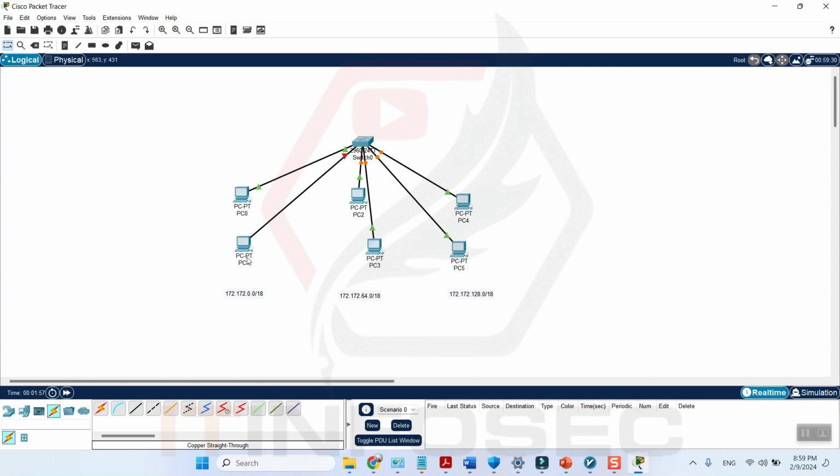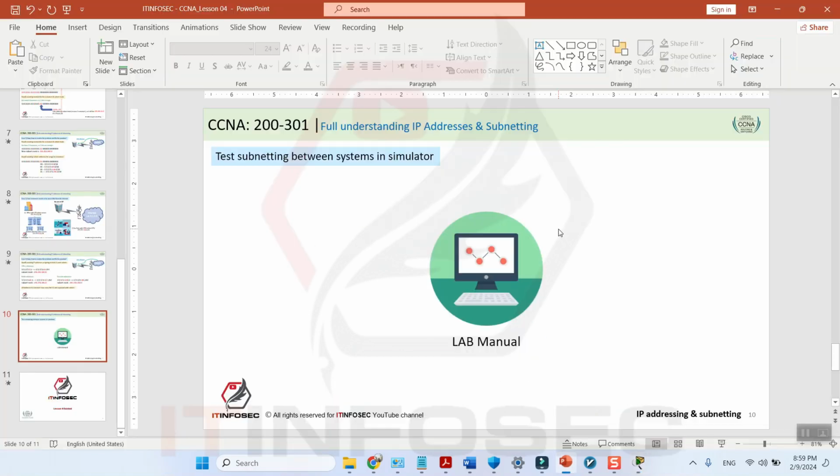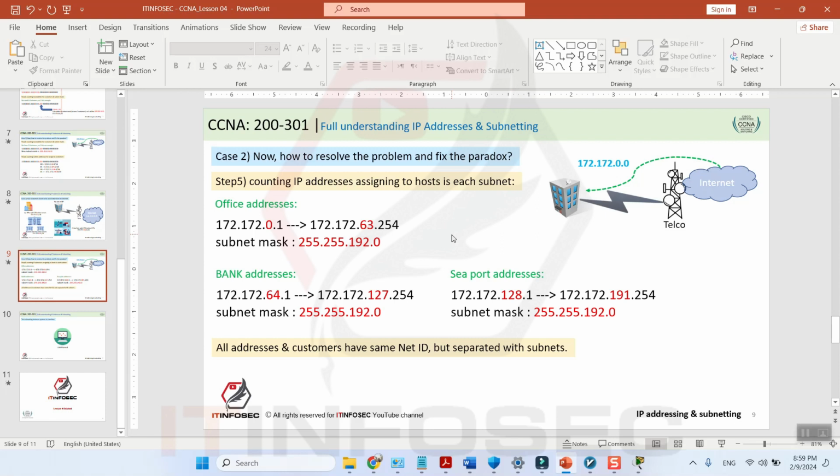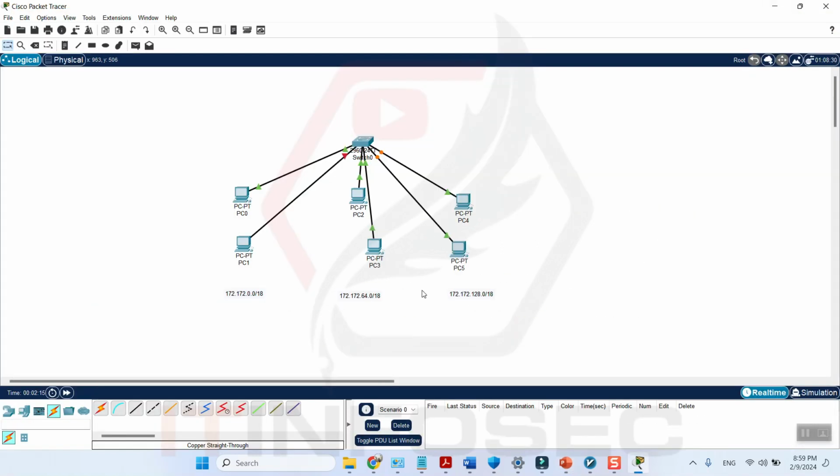Well, we need addressing. We talked about this, okay? 172.172.0.1 to 63. If we address two computers in this range, those two computers should be placed in the same subnet.